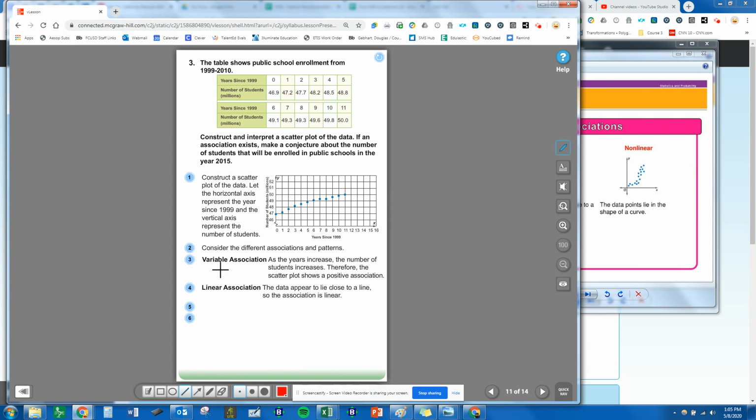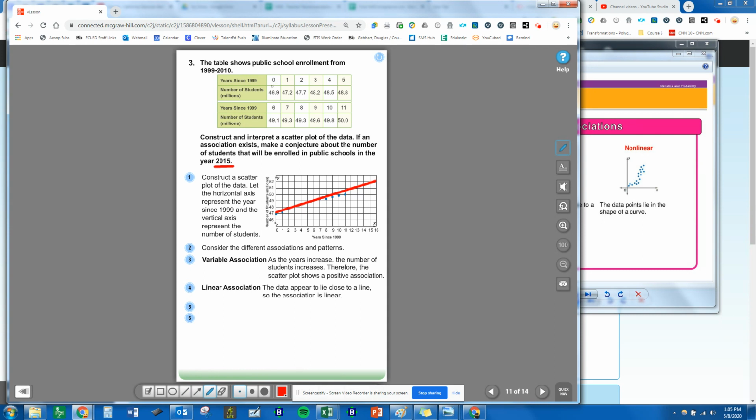Try to decide how many students would be enrolled in 2015. So what I'm going to do is first draw just my own rough line of best fit right here, just like that. And I'm just going to make do with it as it is.